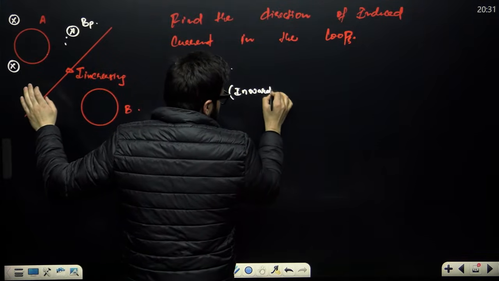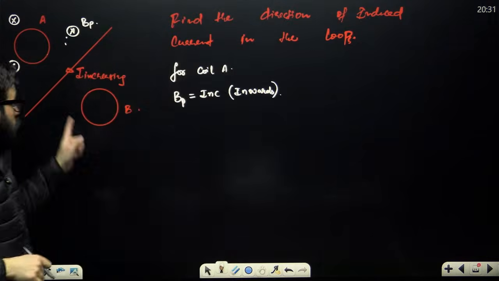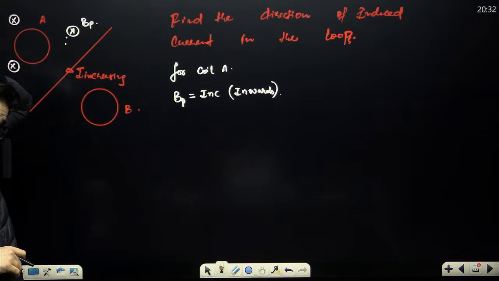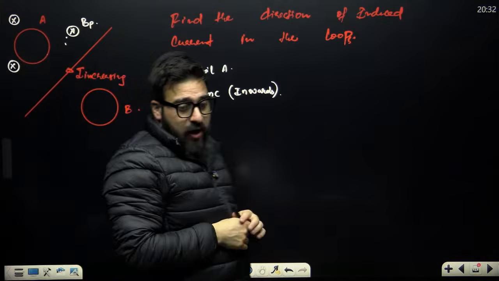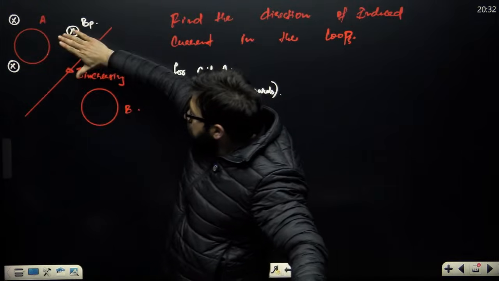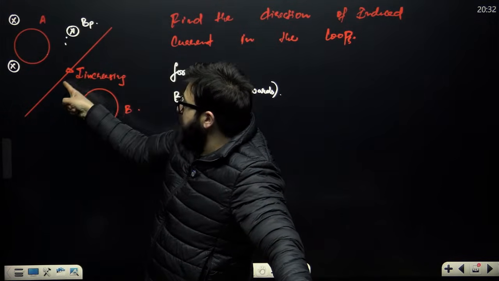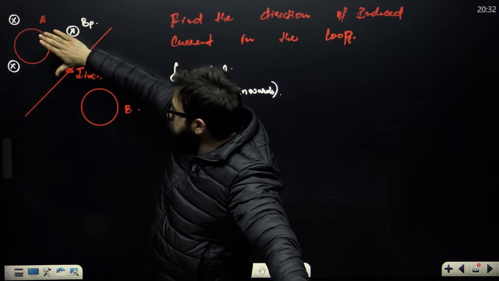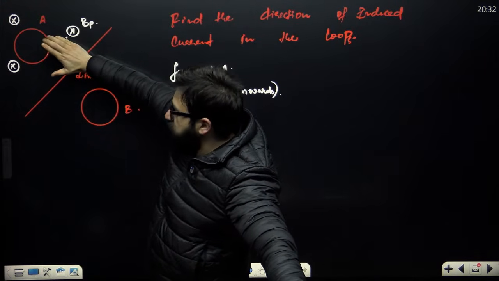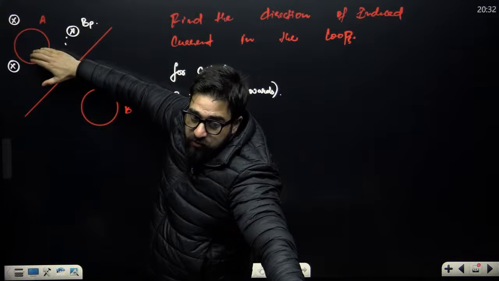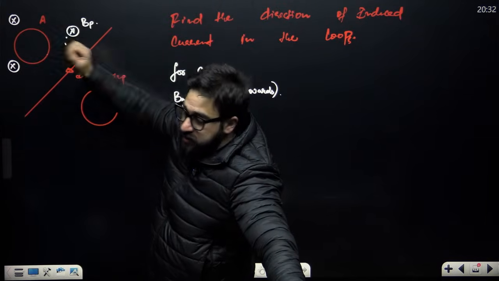Now you tell me one thing. Cross means inwards, dot means outwards. If this is inwards, how did you find the direction inwards? Place your thumb along the direction of current, curl your fingers. So this is how we find the direction of the magnetic field because of the straight wire.